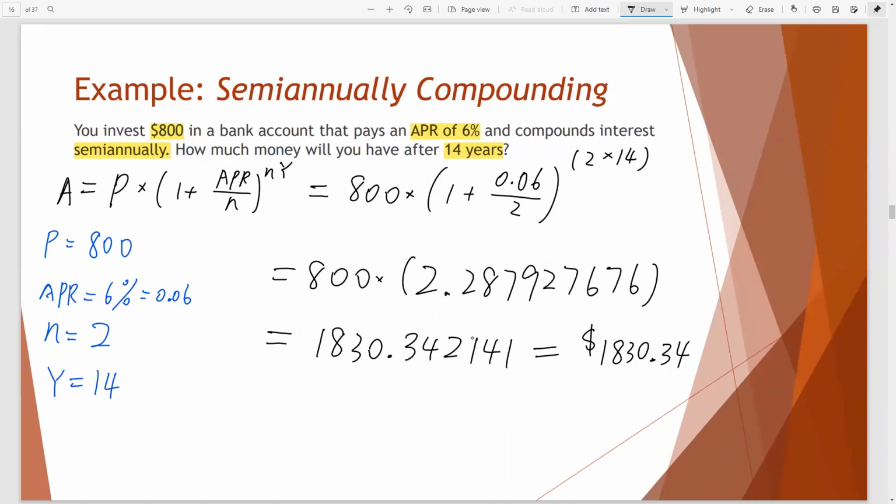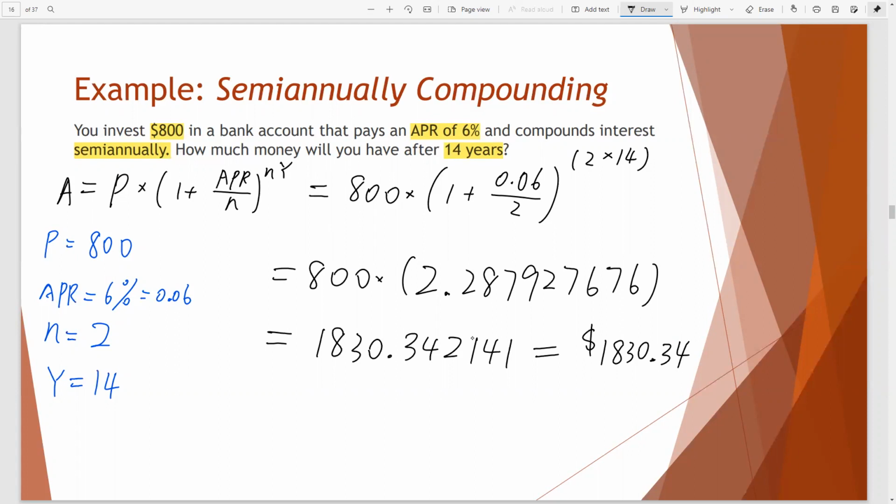Even though you have a denominator at the rate over here, this n is also in the power, so it has more effect on the power than on the denominator.